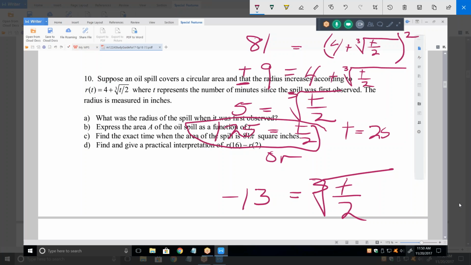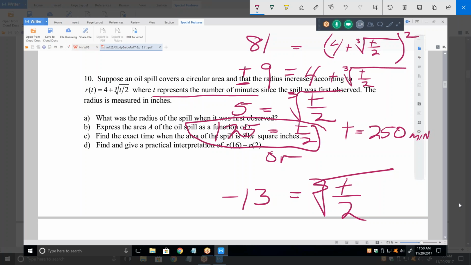Yeah, 250. And that is in minutes. They've been very clear that t represents the number of minutes as long as the radius and the area are in inches or square inches. Okay, so that's one answer.